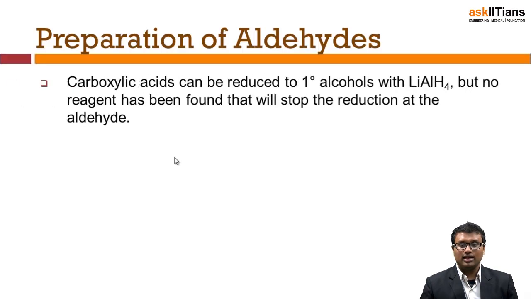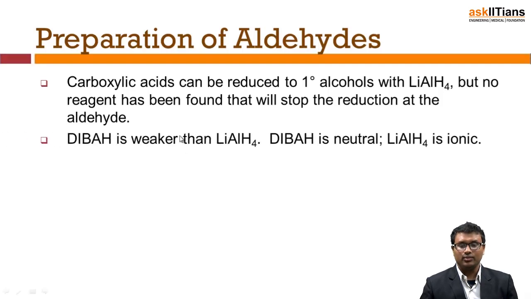So carboxylic acids can be reduced to 1 degree alcohols with lithium aluminum hydride, and this is an already discussed point. But yes, you need a weak reducing agent. That's why DIBAH, a weaker reducing agent than lithium aluminum hydride, can be used to convert your acid into aldehyde. Also, DIBAH is neutral, but lithium aluminum hydride is ionic.